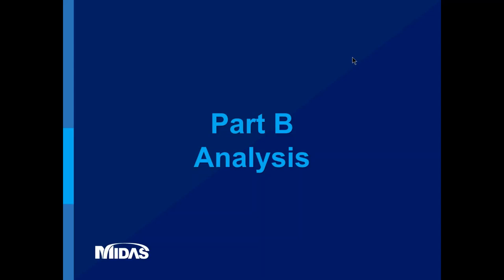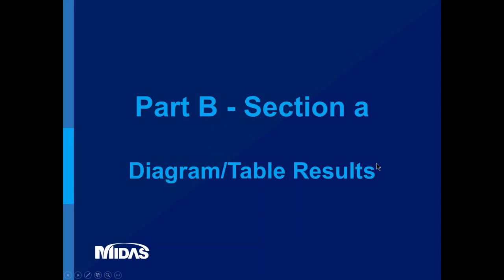Okay, now moving on to the analysis portion. The first portion that I want to cover about reviewing the analysis is just using the regular diagram and tables. Let me show you that in the program too.